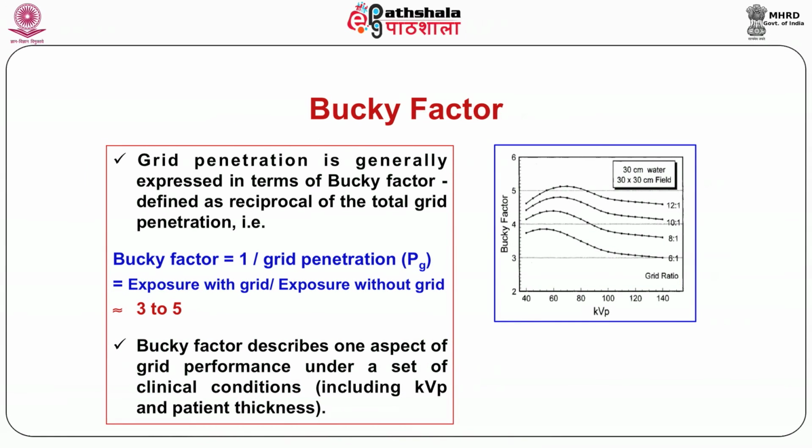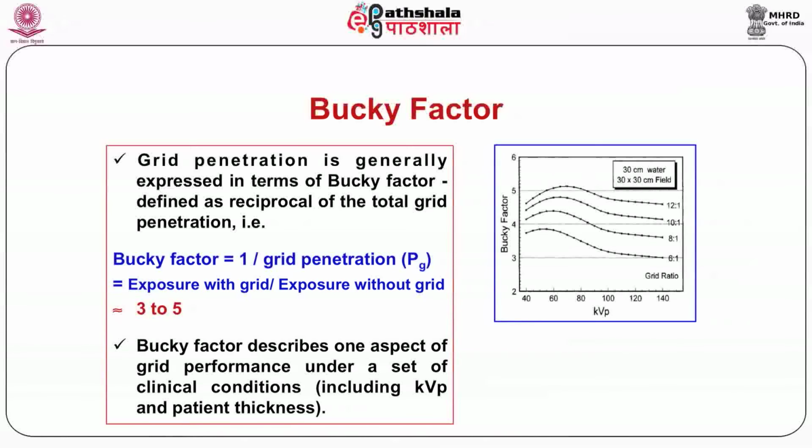The grid penetration is generally expressed in terms of Bucky factor, named after Dr. Gustav Bucky, who constructed the first grid in 1913, which is defined as the reciprocal of the total grid penetration.